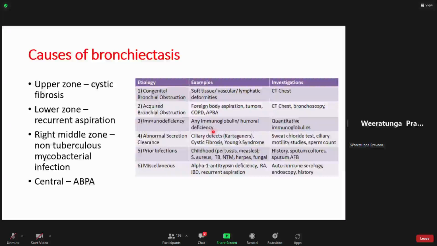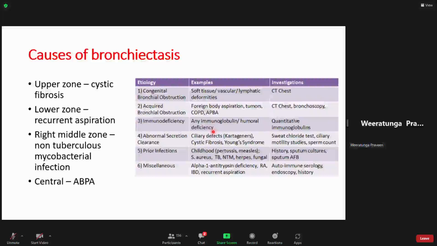Also, when there is a disease that causes problems in abnormal secretion clearance, like Kartagener syndrome, cystic fibrosis, Young syndrome, bronchiectasis. And also, childhood prior infections like pertussis, measles.